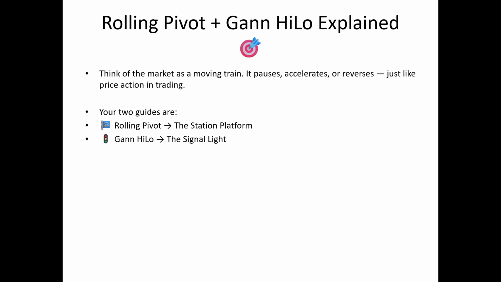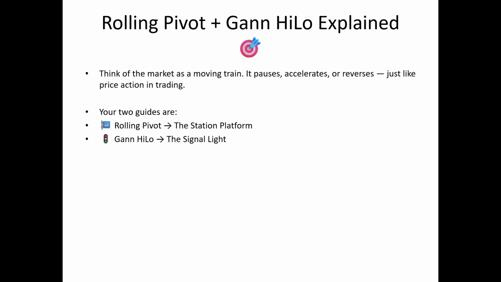The rolling pivot is like the station platform. The train stops here briefly to decide its next move. It shows the balance point where buyers and sellers meet. The Gann Hilo acts like the signal light beside the track, blue for uptrend, red for downtrend.